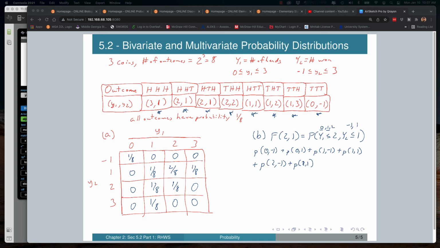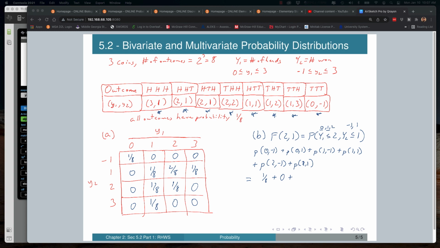Alright, and now I just have to go through the list up there and see what all those probabilities are. So (0, -1) was 1 out of 8, plus (0, 1) was 0. It's basically that first column, isn't it? Or part of that first column.